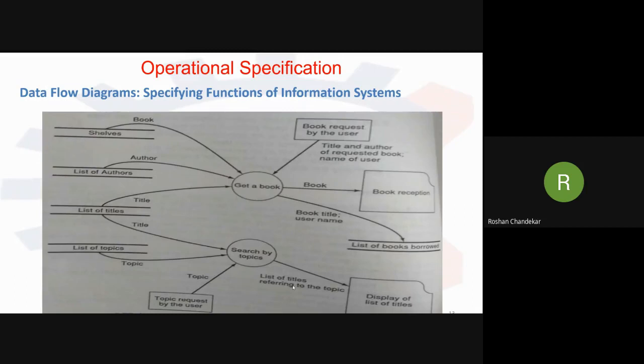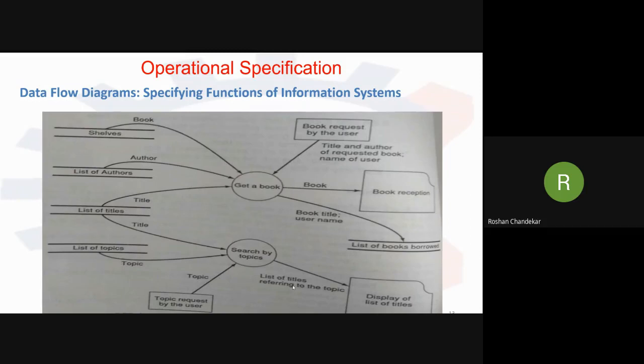This diagram shows the complete library information system: how the data flows when we enter a library, the flow of the library, where we have to issue a book, submit a book, or search a book. How the flow is going on is given in this data flow diagram.